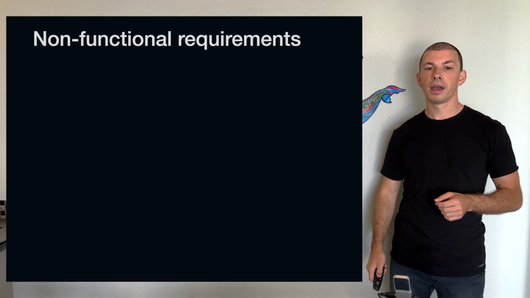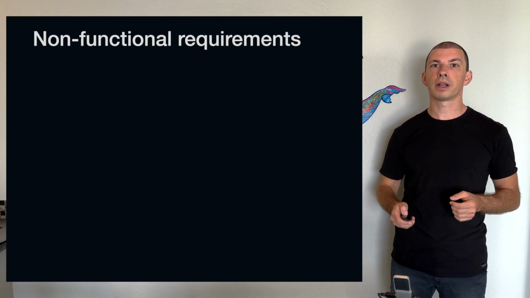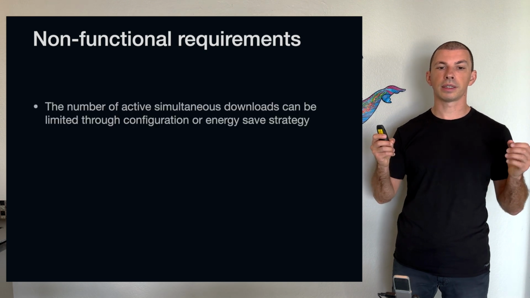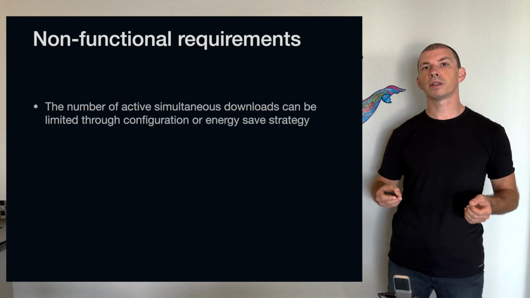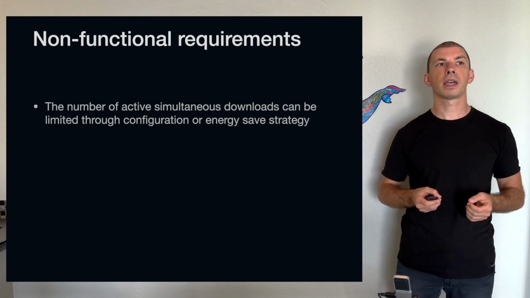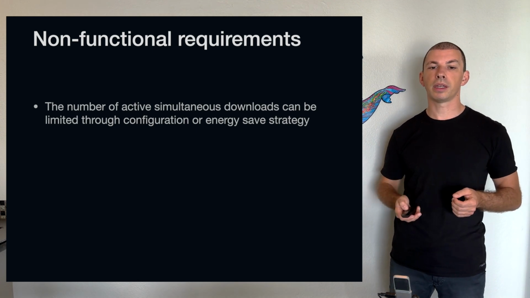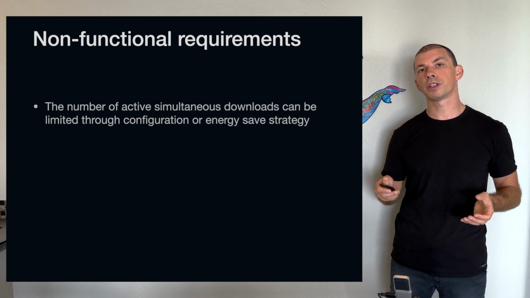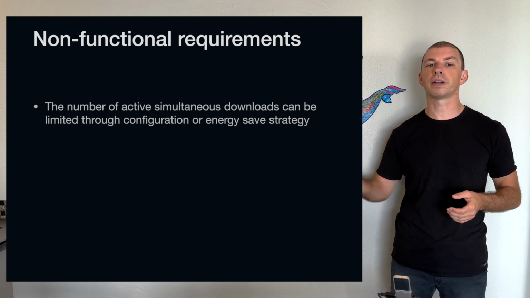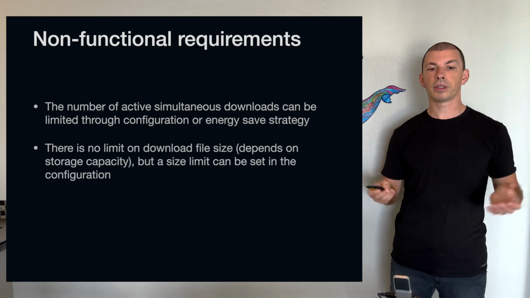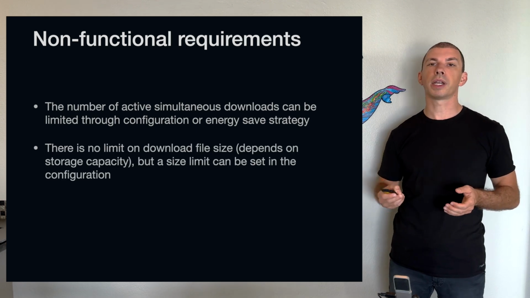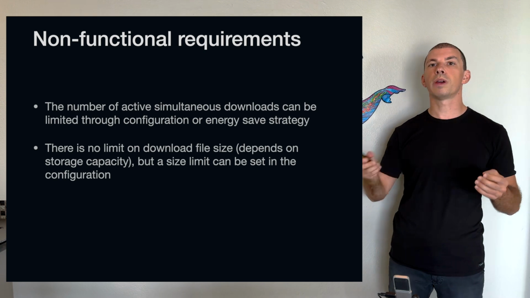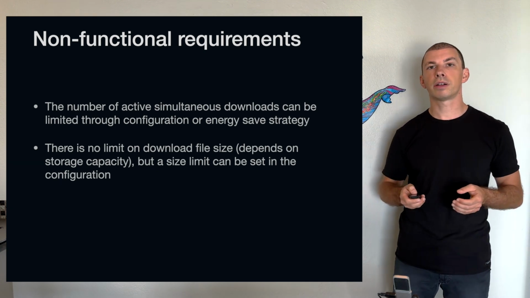And a non-functional requirement for this project is the number of simultaneous parallel downloads. We can set it in our configuration, and it can also depend on energy saving strategies that we can discuss later. There is no limit on the files to download, but we can consider avoiding some edge cases and errors.